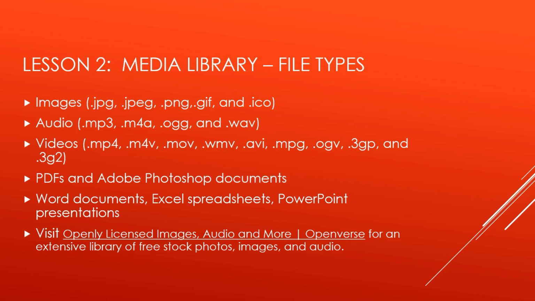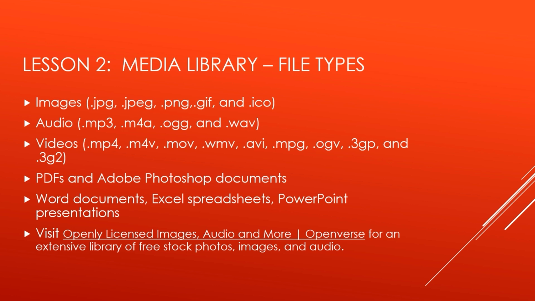So now we're going to start adding some files to our media library. And I have this slide here, and it shows you what types of image, audio, video files that you can add in WordPress. You can also add PDFs and Adobe Photoshop documents, Word, Excel, and PowerPoint files.